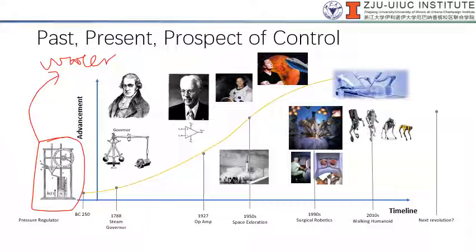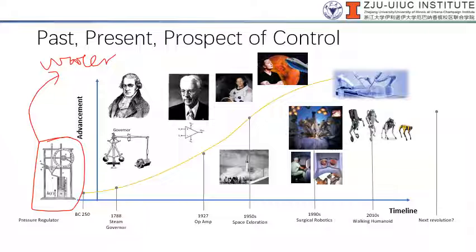So one way is to regulate the pressure. The Greeks came up with this idea to make sure that the height stays the same as the water is flowing. So there will be a consistent inflow to this reservoir that is leaking the water to tell the time.